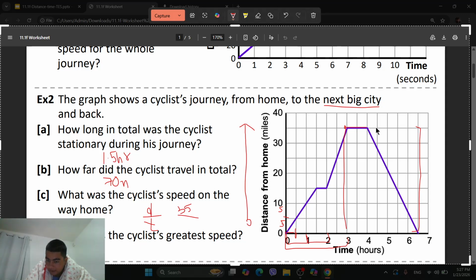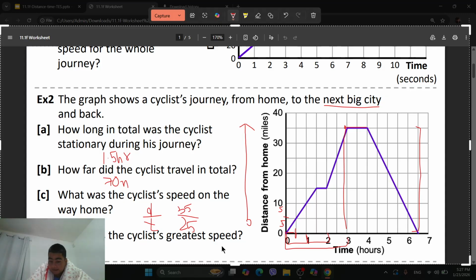So that's 1, 2, 3, 4, 5 times 30 minutes. 4 times 30 minutes would make 2 hours, and then one more 0.5 makes 2.5 hours, isn't it? Or you can take a look here as well: 4 to 5 is 1 hour, 5 to 6 is 2 hours, and then 6 to this one is 2.5 hours. So 35 miles divided by 2.5 hours is going to be the speed.